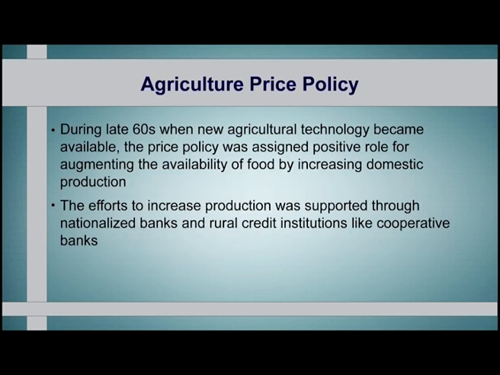But during the late 60s, when new agricultural technology became available, the price policy was assigned a positive role for augmenting the availability of food by increasing domestic production. The efforts to increase production were supported through nationalized banks and rural credit institutions like cooperative banks.